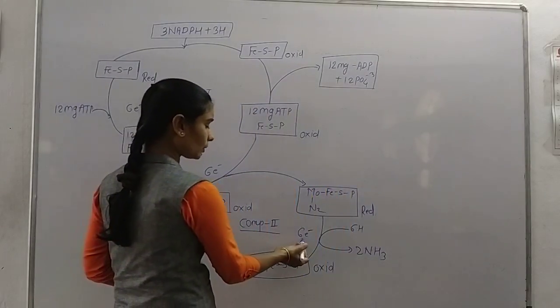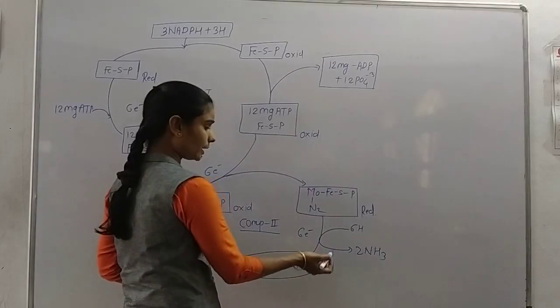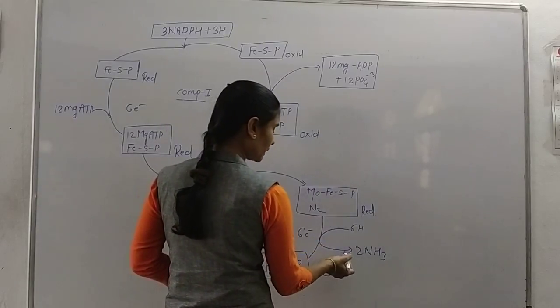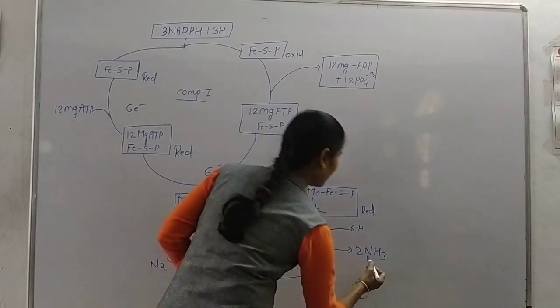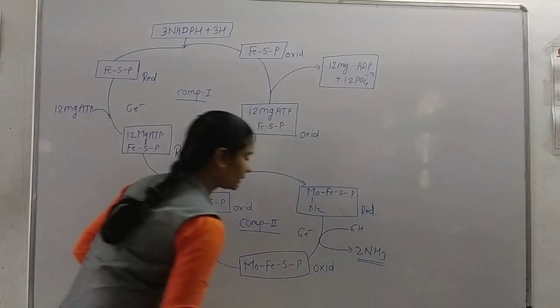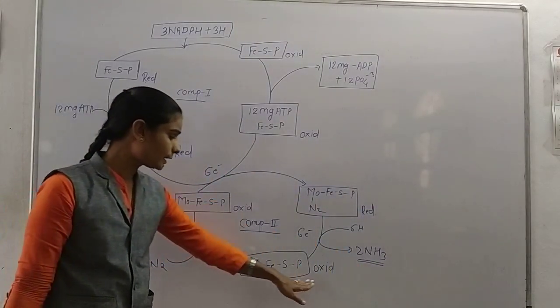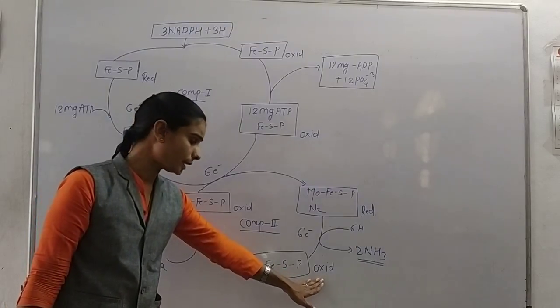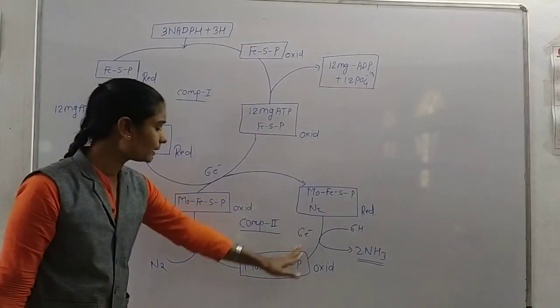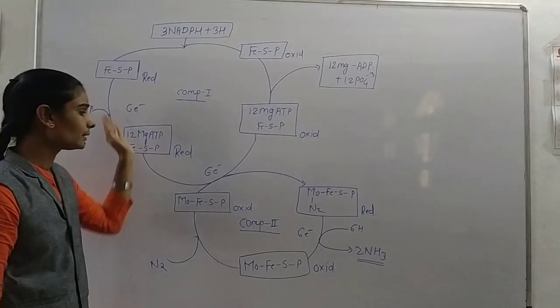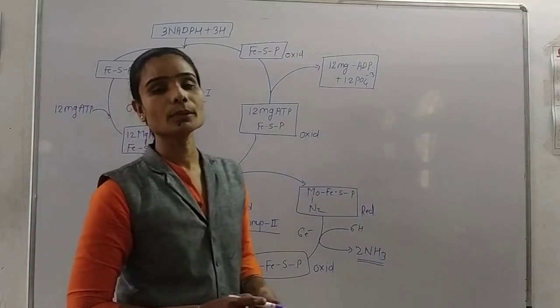Those 6 electrons react with these 2 nitrogen, and this 6 hydrogen reacts with nitrogen and is converted into ammonia, which is the useful product, and again we get the original molecule in the oxidized form, and in this way the cycle continues for component 1 and component 2.